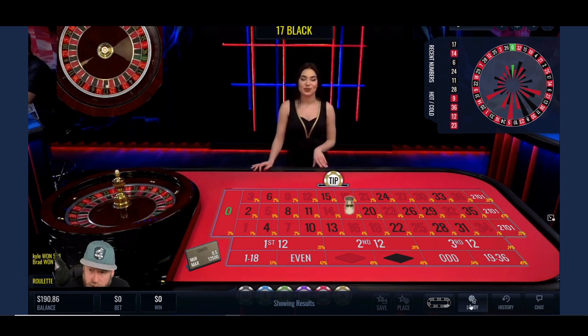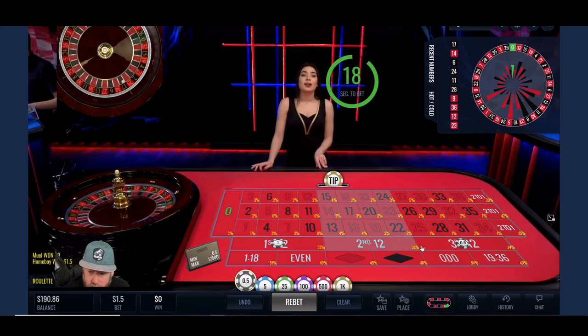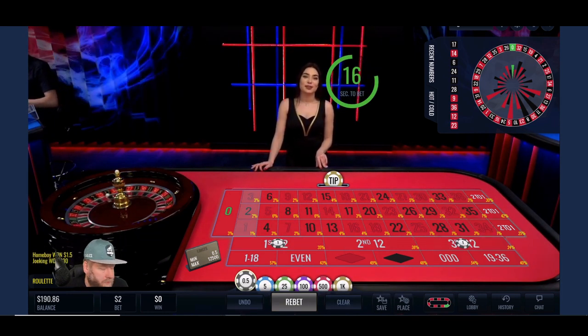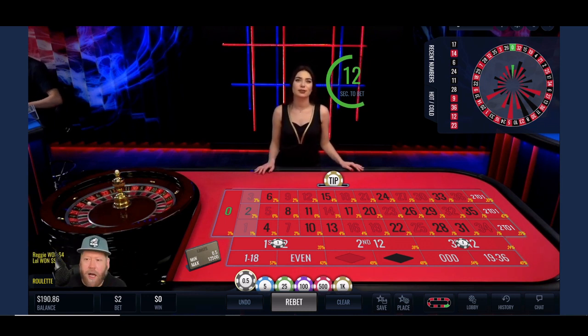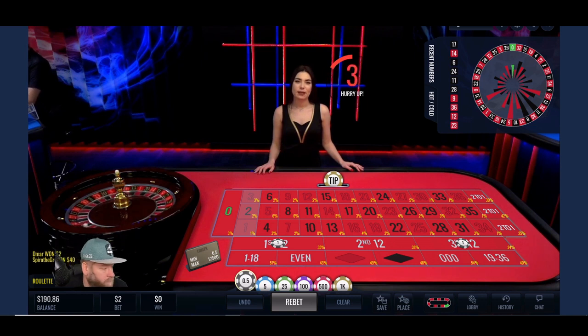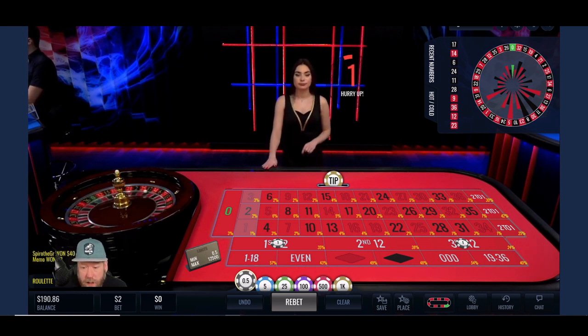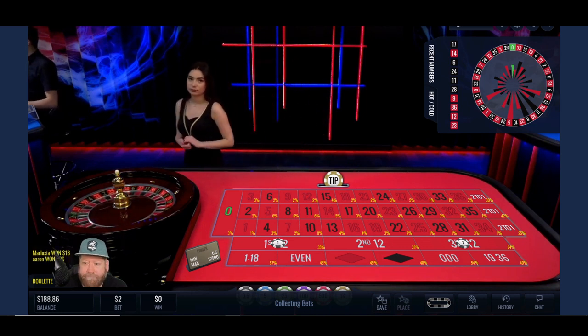All right, so we got a play here. We'll play first and third. We will also watch that column 2, which continues to be hot, and hopefully we'll win this bet, and then we'll be able to jump into another play next hand.